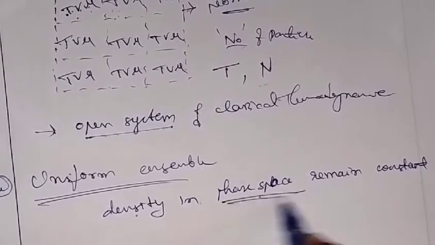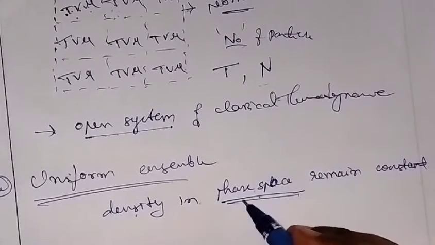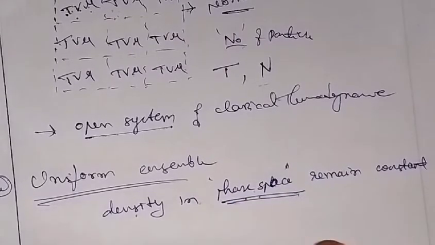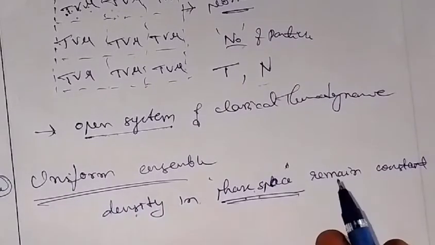We have made a video on phase space. If you haven't watched the video, please go and watch, because if you do not know what phase space is, maybe you will not understand this. So what is the uniform ensemble? In the uniform ensemble, the density in the phase space remains constant.